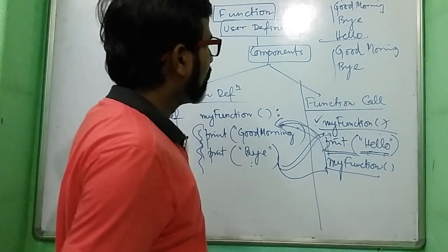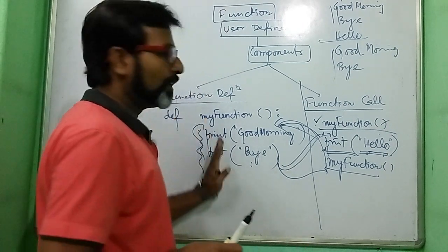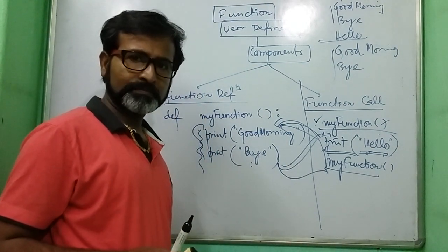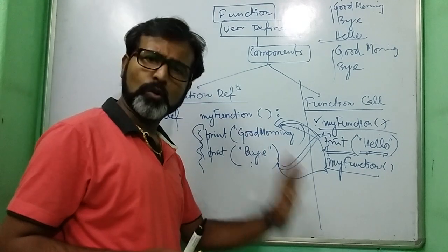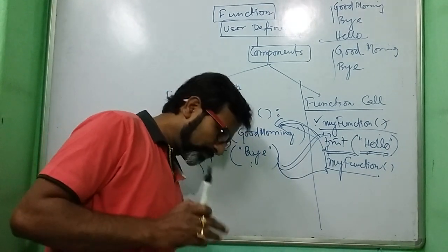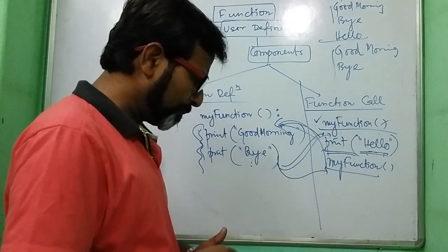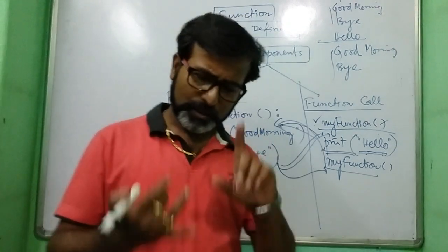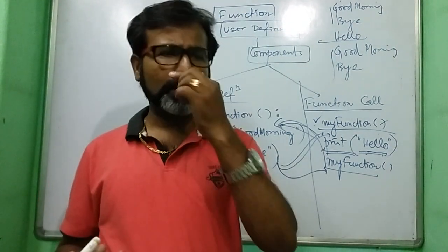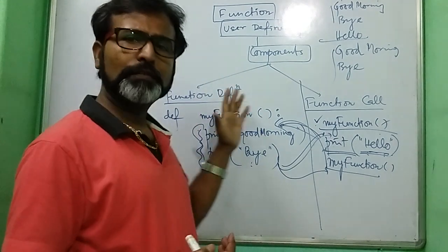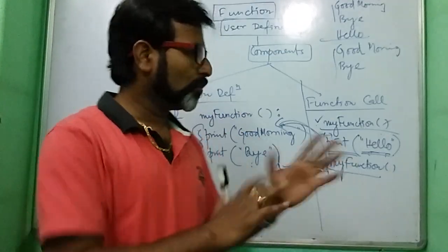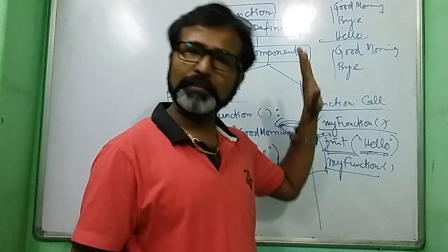So this is basically how the user-defined function is written and how it is called. So this is an overview of function. What is a function? What are the different types of functions? Like built-in functions, modules, and most important is the user-defined function.